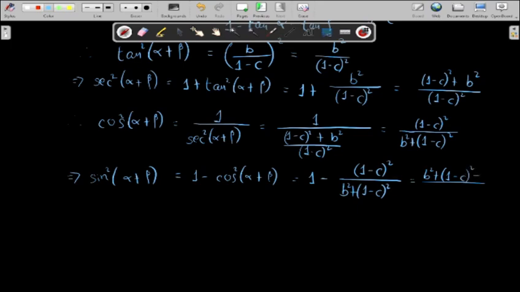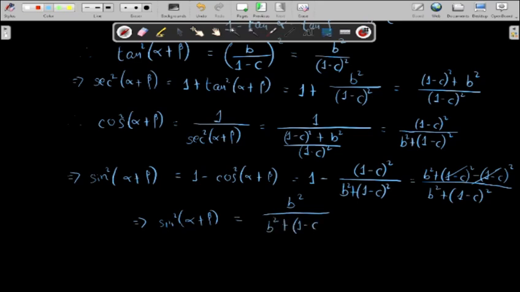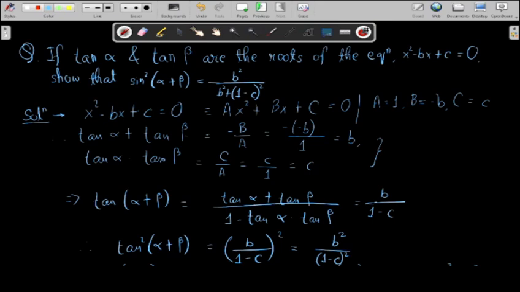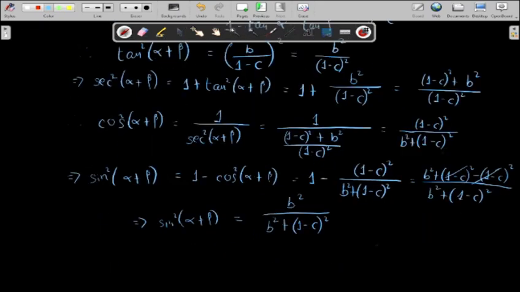Then we have a minus here, minus of 1 minus c whole square upon b square plus 1 minus c whole square. Okay, so finally these two terms get cancelled out. We are left with b square in the numerator upon b square plus 1 minus c whole square, which is what the question wanted us to show. So yes, we have shown it finally.